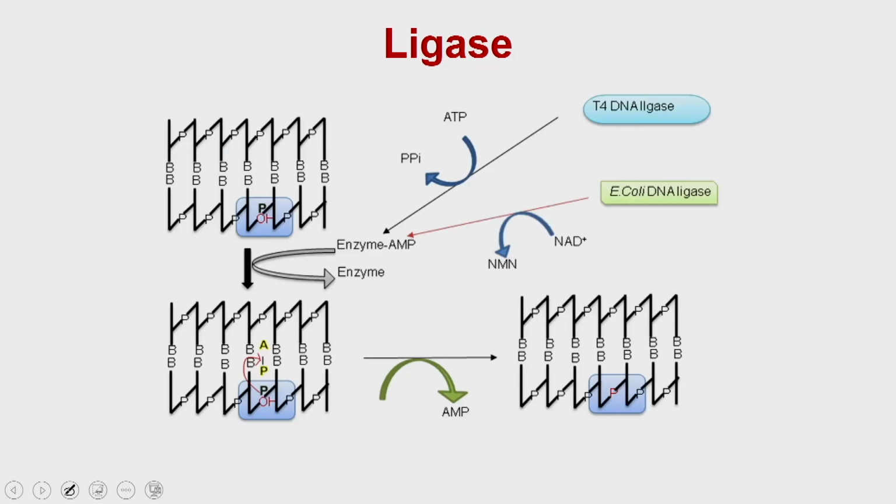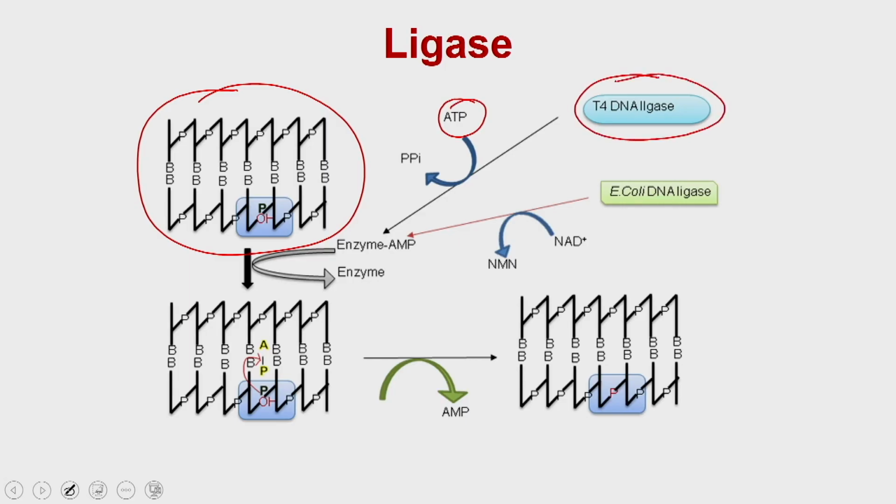Let us see how it is done. Suppose this is the DNA you are putting for the ligation reaction, and you add the ATP and the enzyme, which is the T4 DNA ligase. As soon as you add that, the enzyme AMP complex is formed.